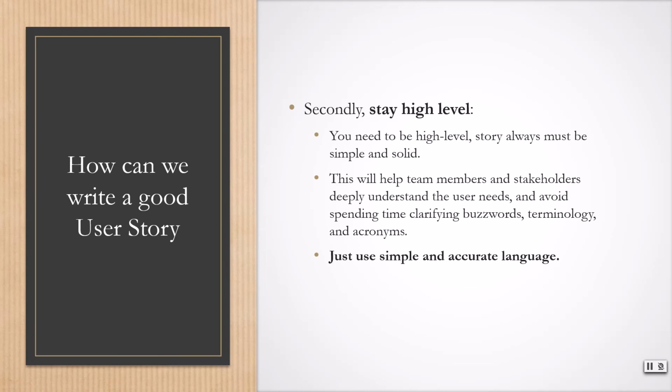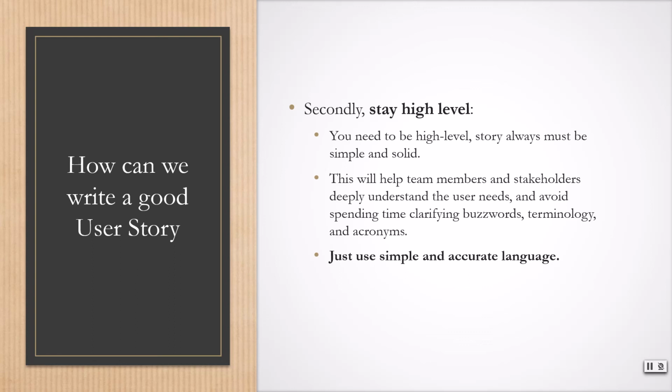So firstly, you remember the template, right? And then secondly, you try to stay at a high level. A story must always be simple and solid. This will help team members and stakeholders deeply understand the user needs and avoid spending time clarifying buzzwords and unclear things.